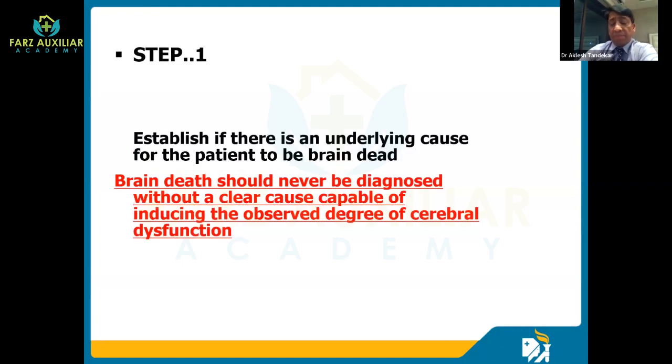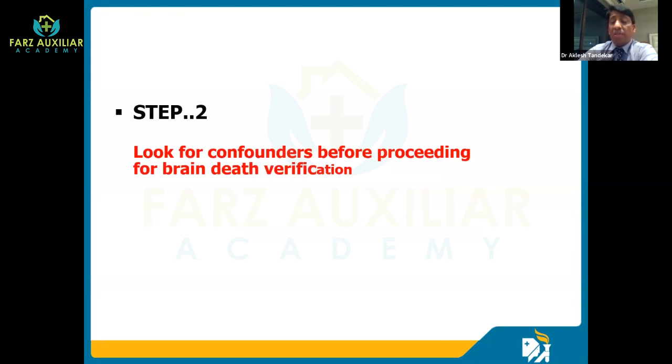So for identification of a patient as brain dead, step one is to identify the underlying cause. Step two is to find out confounding factors, the bias factors. Sometimes the brain death situation may feature as a mimic, especially in patients with electrolyte dysfunction or hypothermia, or patients with a metabolic disorder, or a patient who has been under the influence of sedative agents or paralyzing agents, or has consumed agents which can lead to a comatose situation.